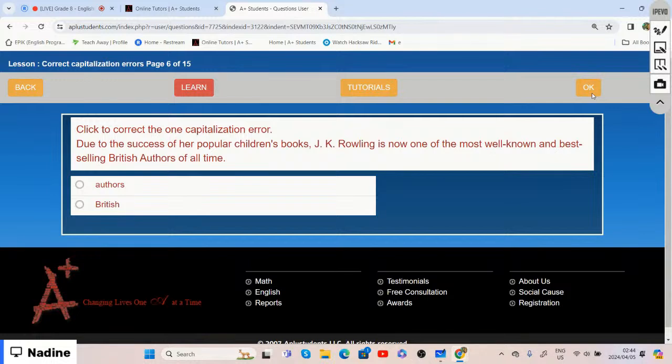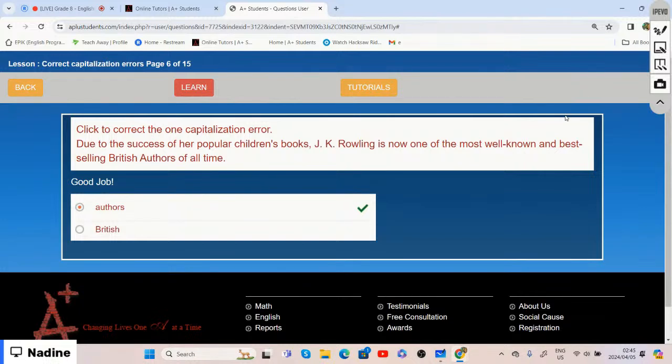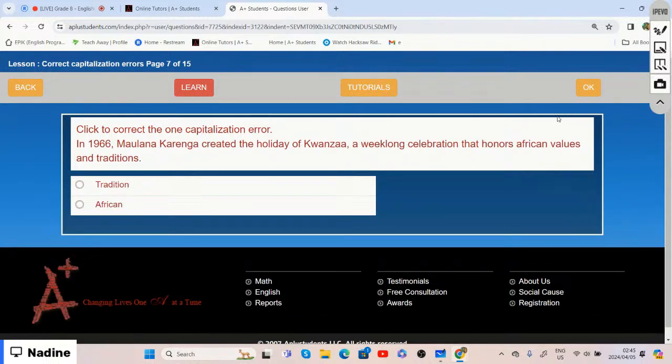If we choose that one capitalization error, then it's going to be lowercase authors, right? All right, let's do the last one.